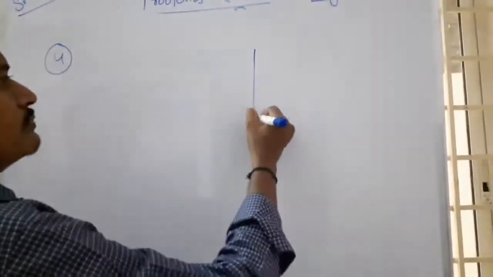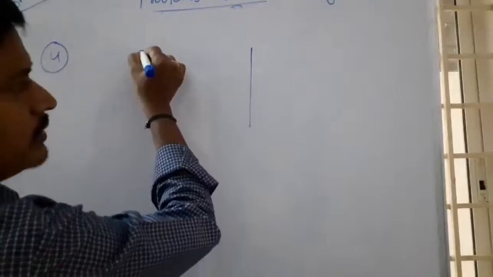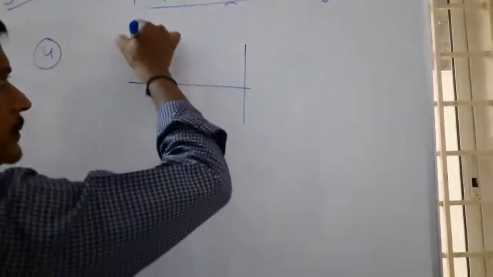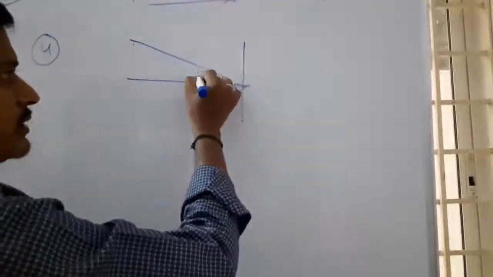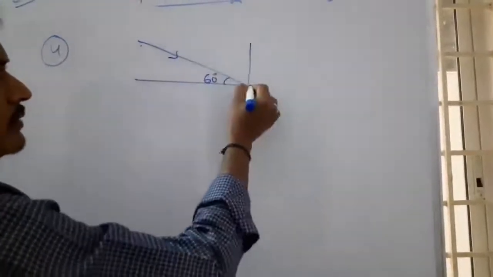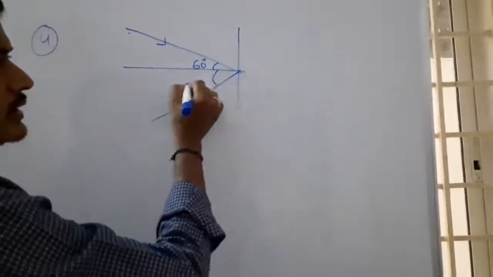Next, a batsman deflects a ball at an angle of 60 degrees. Here this is vertical. The batsman deflects this ball at an angle of 60 degrees.